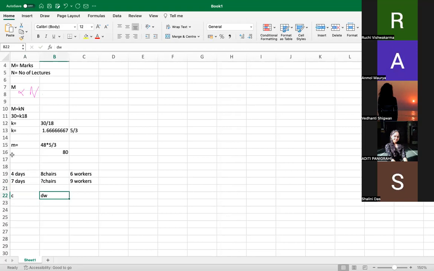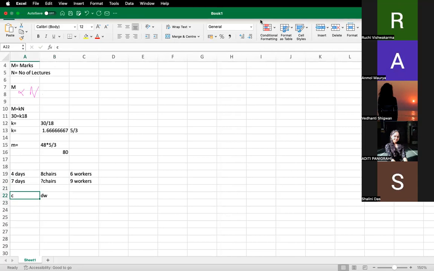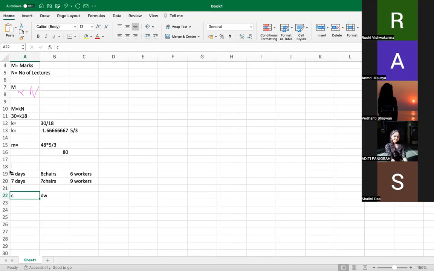Yes. So we insert that increasing proportion symbol. Okay, this is increasing. Clear about this? So let me introduce variation here. I will say number of chairs is equal to K times DW. Clear?